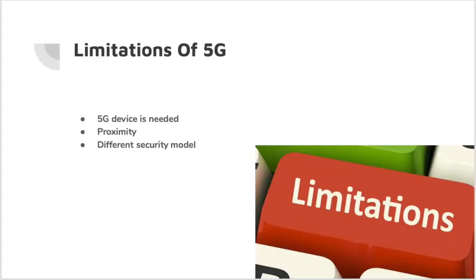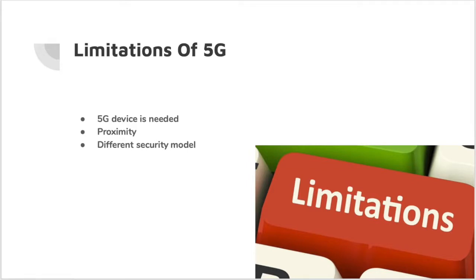Like anything in life, it has its advantages and disadvantages. 5G also has disadvantages. Firstly, it requires 5G devices, and most IoT devices nowadays are not compatible with 5G networks, so they will need to redesign their devices to be compatible with 5G networks, which is costly.